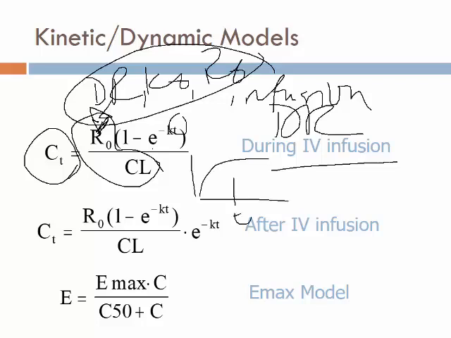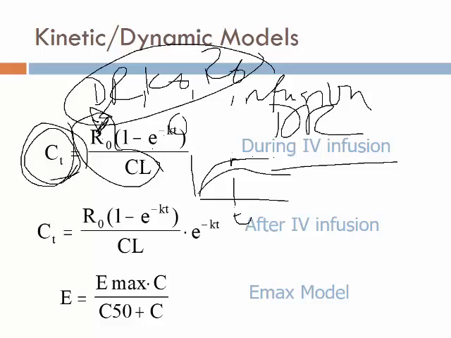So if you want to know the concentration at time t, you put that time in there, along with your dose rate, your clearance, and the k, and you can determine your concentration at any time t along here.